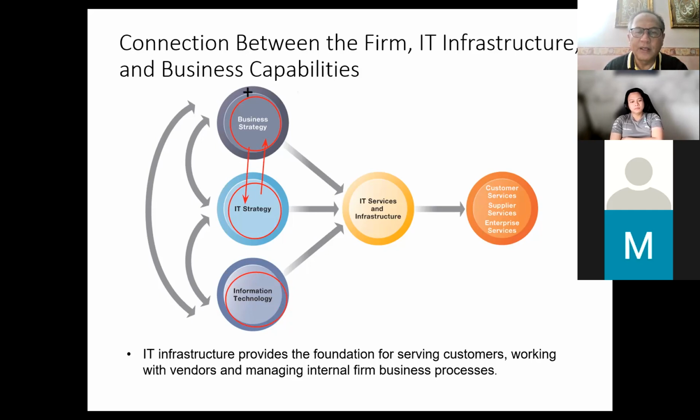We look at whether this fits our business strategy and how it fits with our IT strategy. Then from the business strategy, the IT strategy, and the information technology available in the marketplace, we determine our IT services and infrastructure.